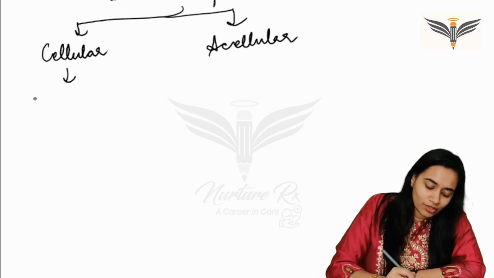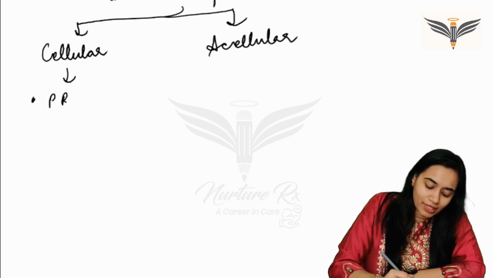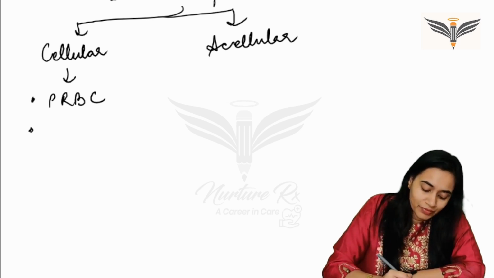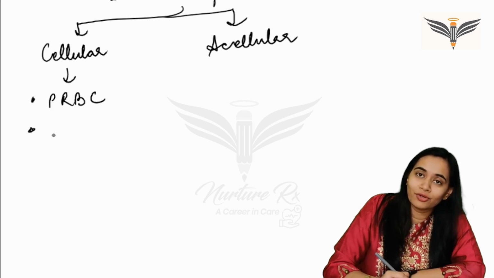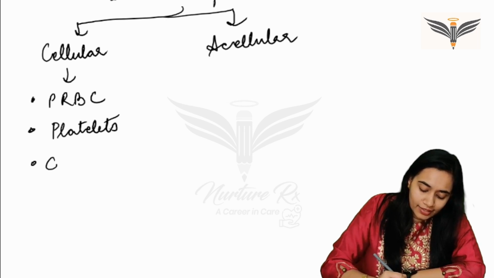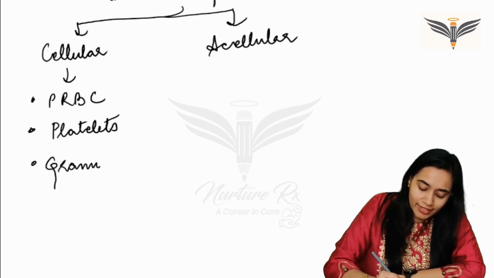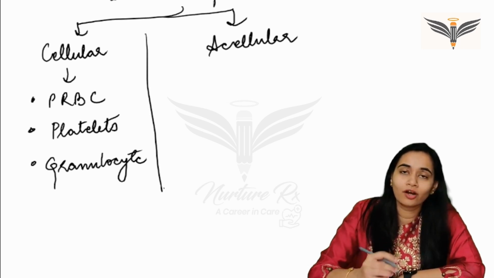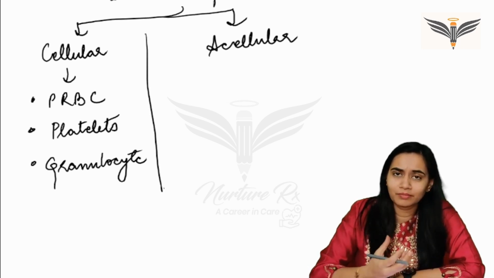Okay. So as we saw, the first is PRBC, your red blood cells. The other from your buffy coat layer is platelets, and another is granulocyte, again derived from your buffy coat layer. Okay, so these are the cellular components primarily.